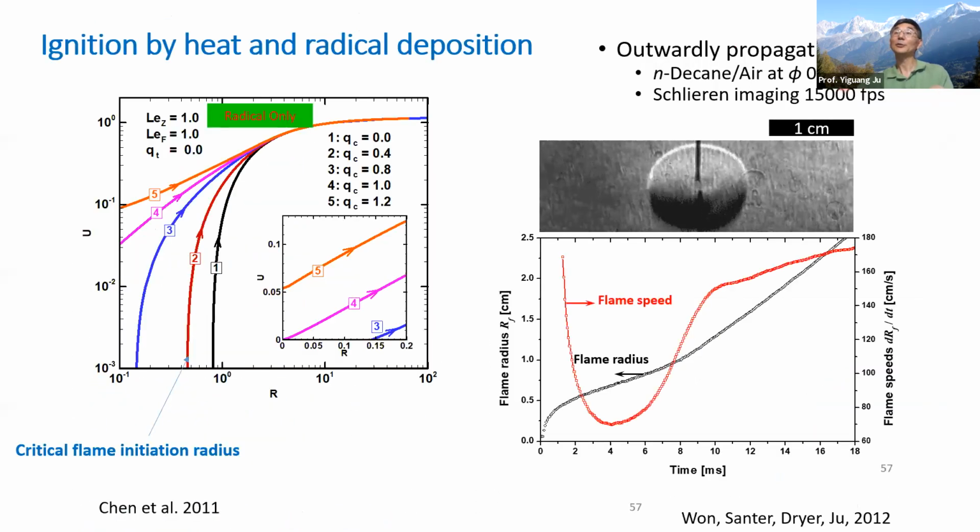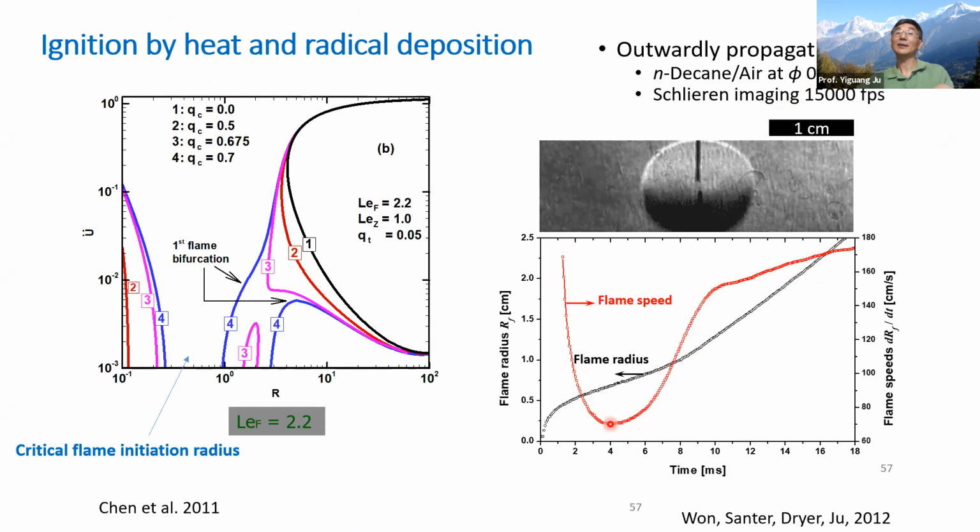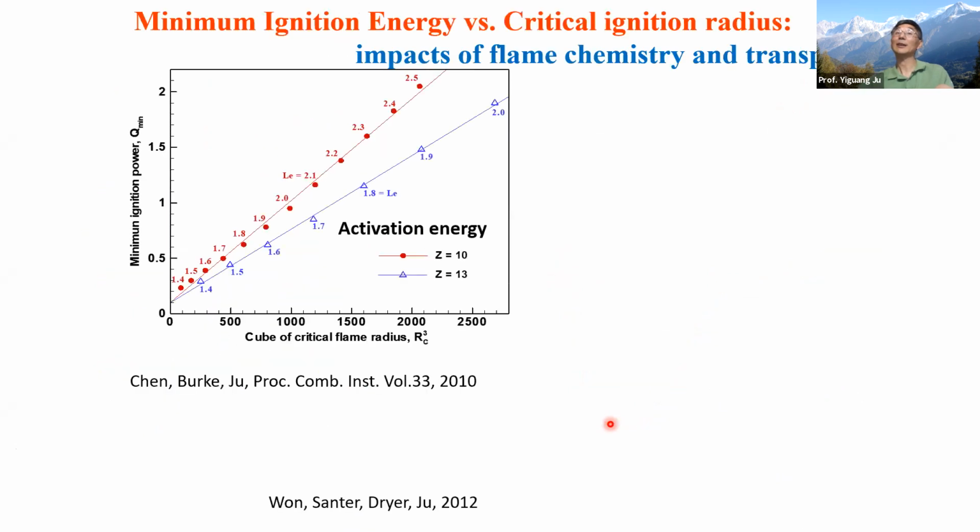If you do experiments, some of you did experiments in Frigo flame, you can see that the flame speed is decreasing as a function of time, and then it propagates by itself. This size determines the ignition energy. And if you don't believe me, we can calculate the minimum ignition energy by using the cube of the critical radius.